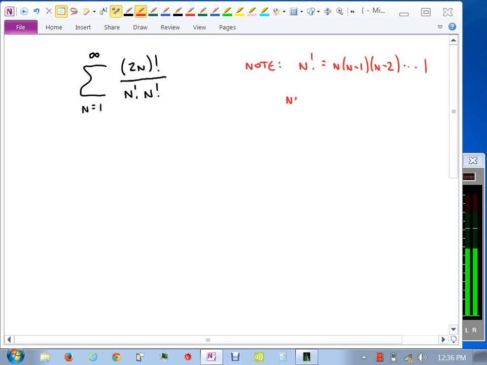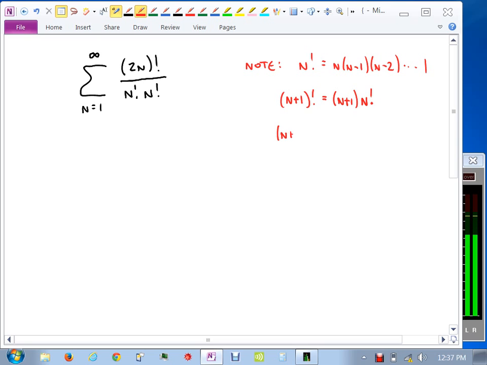Okay, here's something that you should note. n plus 1 factorial is equal to n plus 1 times n times n minus 1 times n minus 2. So isn't the rest of it just n factorial? Isn't that the same thing?